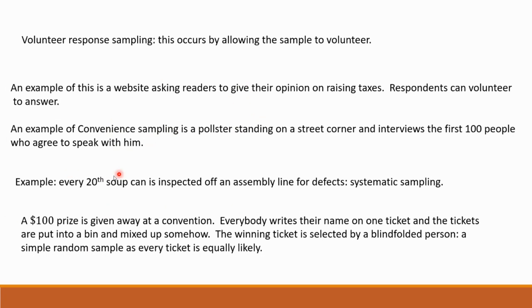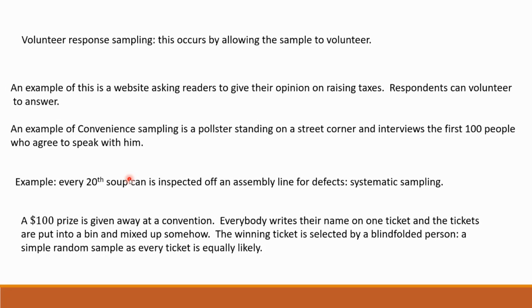Then I put in some other examples. I figured it would be good to go through those. For instance, this is one where every 20th soup can is taken off an assembly line, and they're checking it for defects.